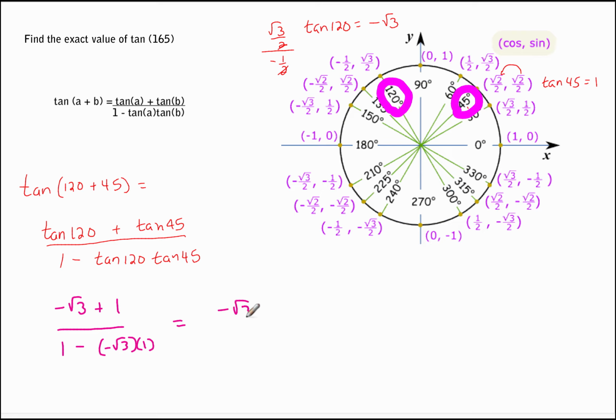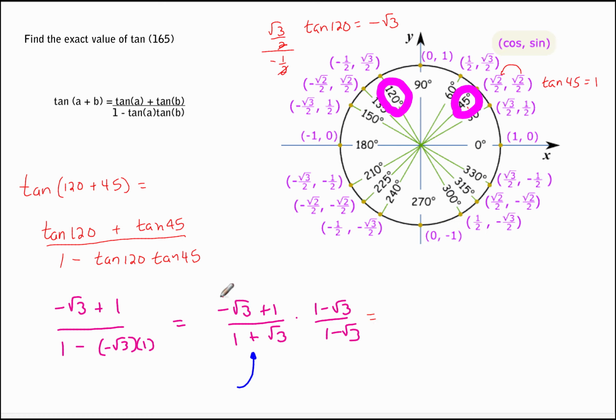Negative radical 3 plus 1 over 1 plus, because negative times negative is positive, radical 3. But realize we can't leave this as an answer. We have to rationalize this. So I'm going to multiply by the conjugate. If you remember, the conjugate means that we take the denominator and change just the middle sign.